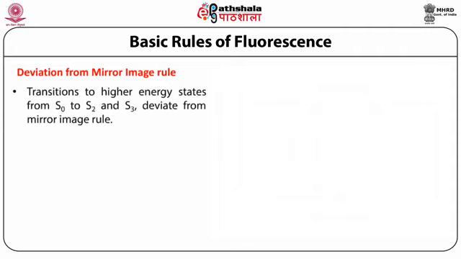Excitation by higher energy photons leads to transition of electrons from the ground state S0 to the higher electronic and vibrational levels of S2 and S3, etc. The resulting population of electrons in the higher energy states rapidly loses the excess energy and relaxes to the lowest vibrational level of that specific excited state, followed by transition to the first excited state S1, and finally comes back to the ground state, so that the emission spectra are not similar to excitation spectra, and the higher excitation states do not follow the mirror image rule.